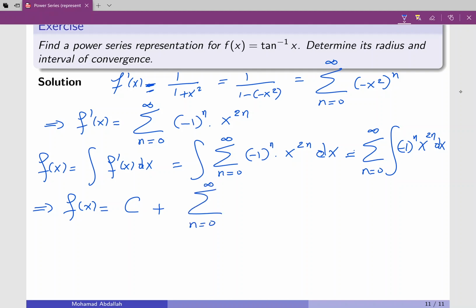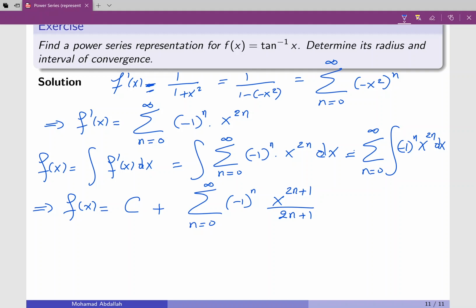When you do integration, you do not change the lower limit of the summation. The negative 1 to the power n is a constant. You integrate with respect to x, so that's x to the power 2n plus 1 over 2n plus 1. And we added the constant of integration, as you can see.